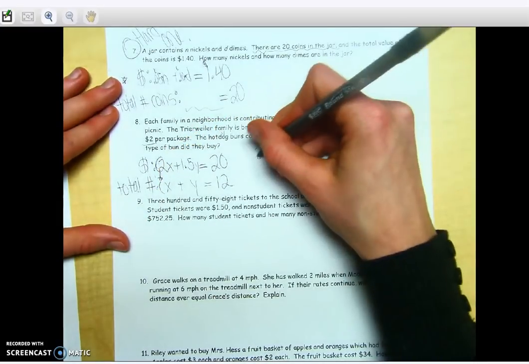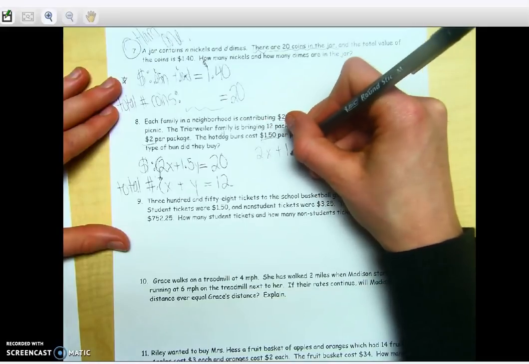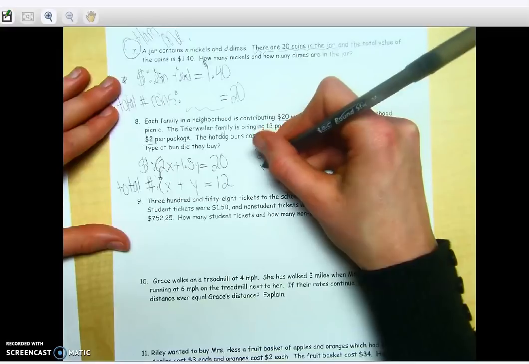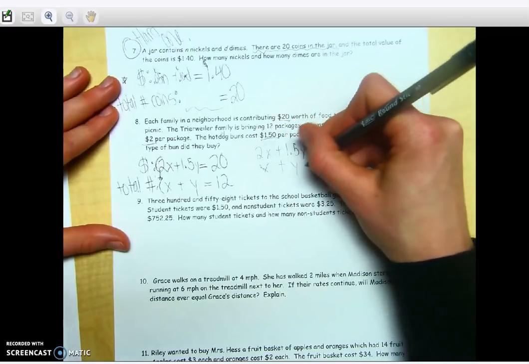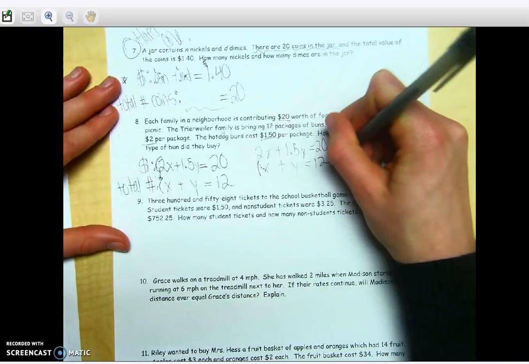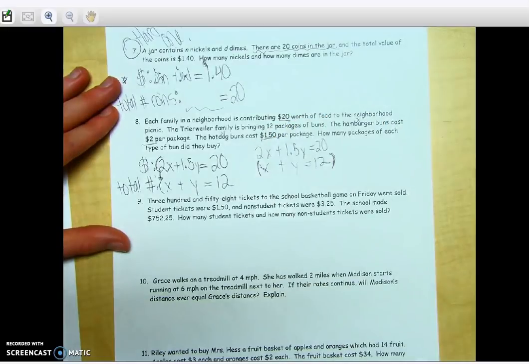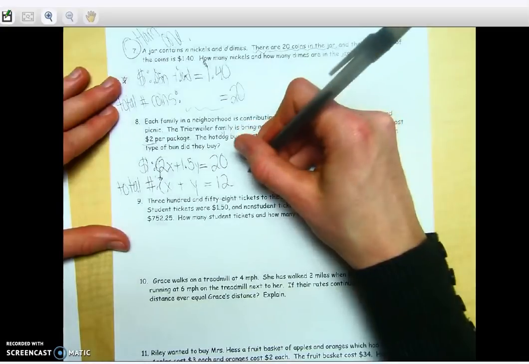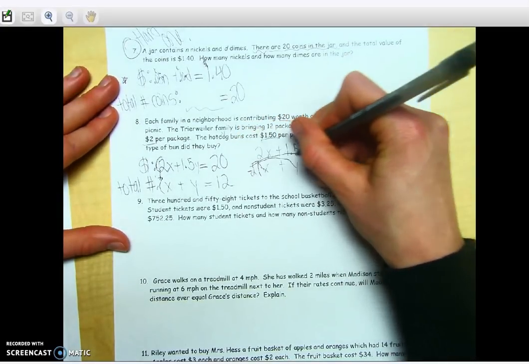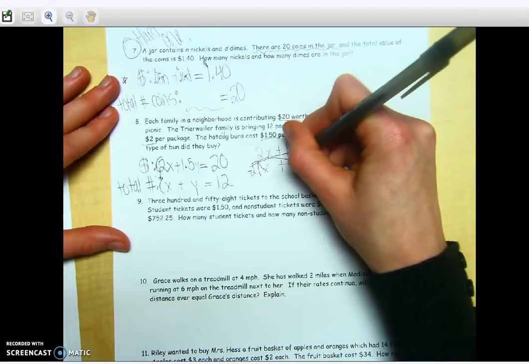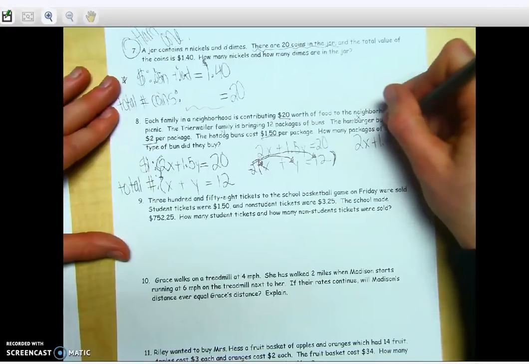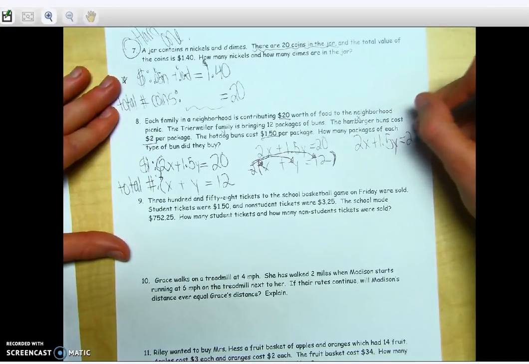So now if I'm trying to solve this system, it looks like both of my equations are in standard form. So I'm going to have to eliminate. However, it looks like I don't have the same number and opposite sign for any of my variables, so I'm going to multiply the second equation by -2. I get 2x plus 1.5y is equal to 20.